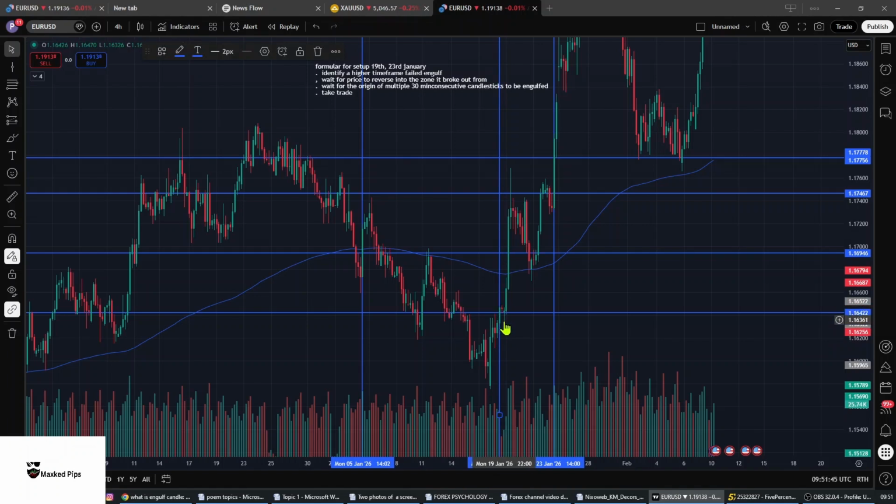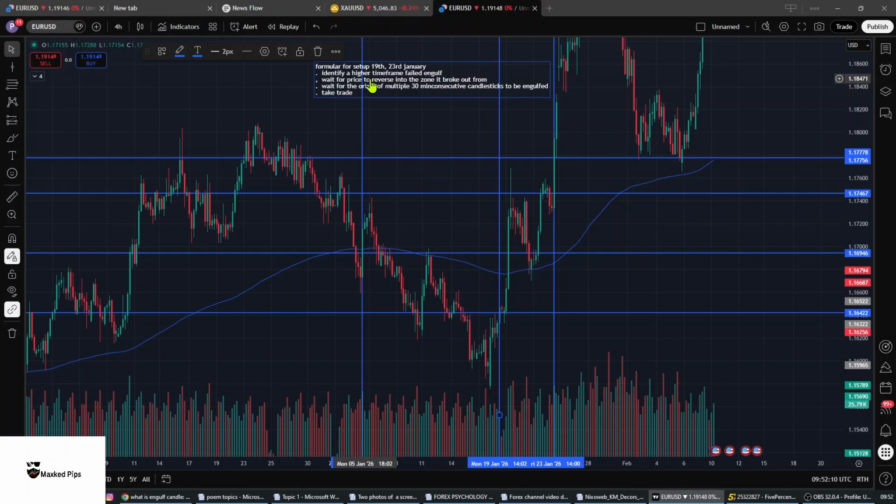So we're going to wait for a reversal back into the zone that price broke out from. Now any zone below this horizontal line is where price broke out from, because price broke out from here. So any zone from this point here to this horizontal line, that is the zone. So first step, identify the higher time frame engulf, done.